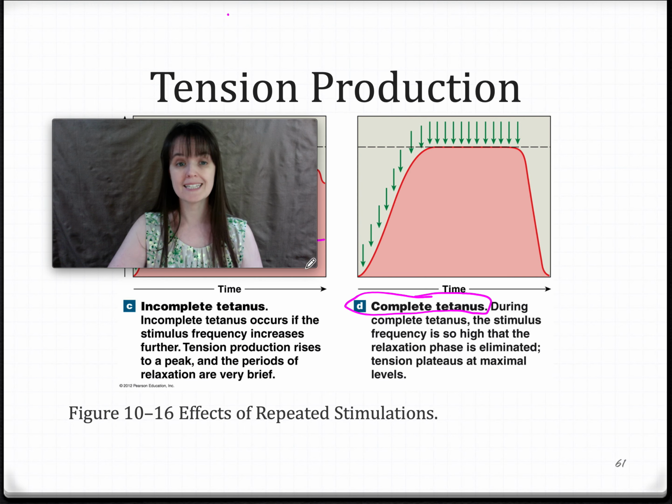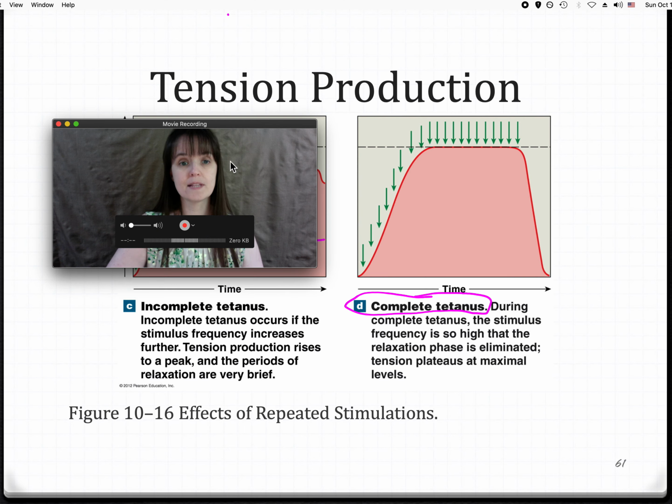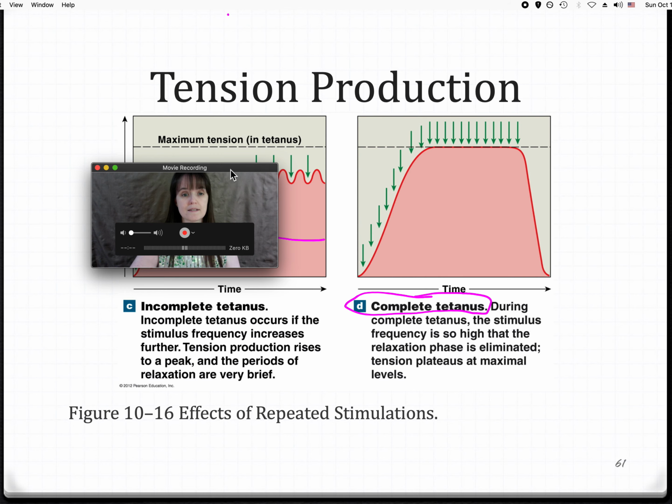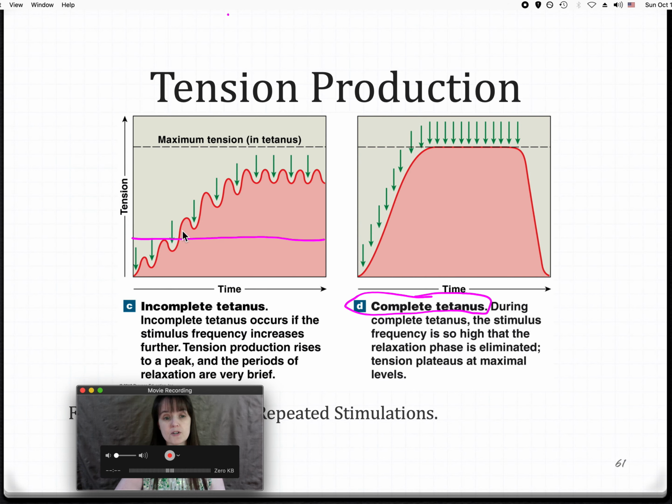Because in complete tetanus, the stimulation frequency is much faster. The stimulation frequency is higher. Here you contract, you relax partially, and then you stimulate again. Here you re-stimulate at peak. So you get a smooth and higher contraction.